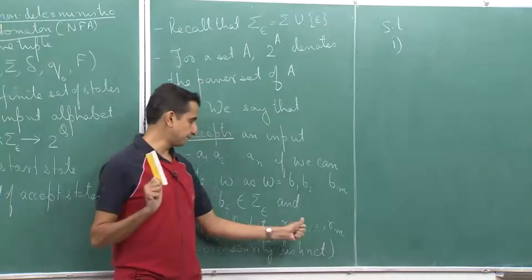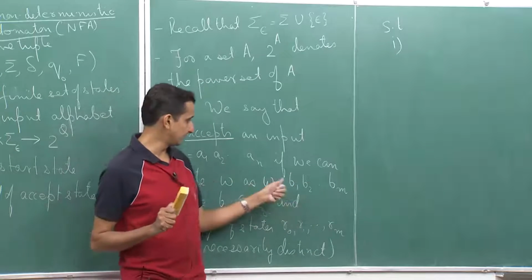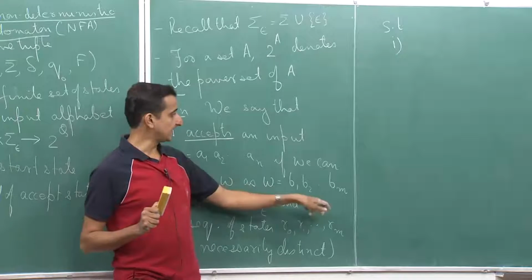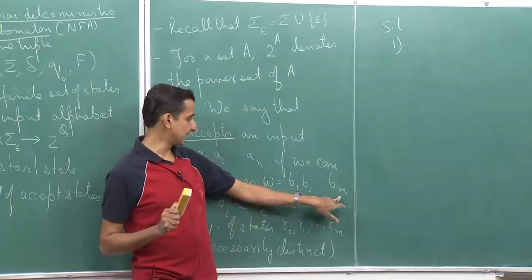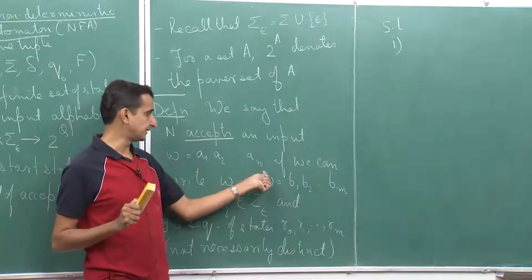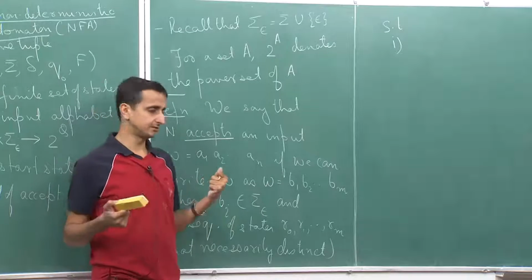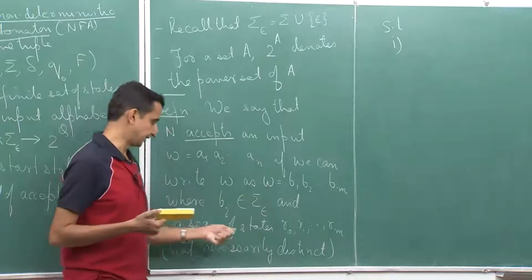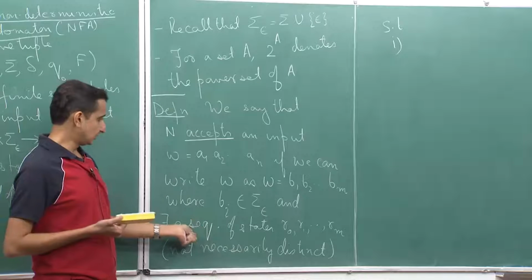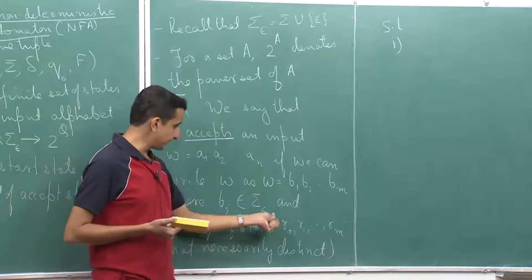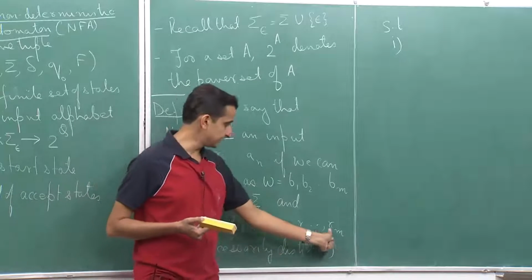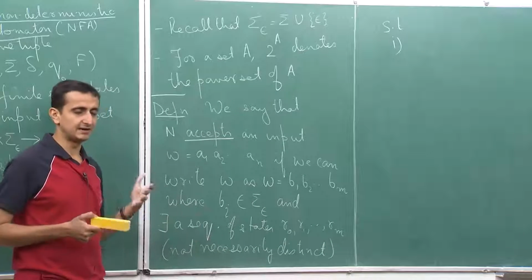One point that needs to be noted here is that here I have n and here I have m, and of course, m is a number that is greater than or equal to n, because I have these additional epsilon symbols plugged in between. So we have this sequence of states R0 to Rm, and these states are not necessarily distinct.